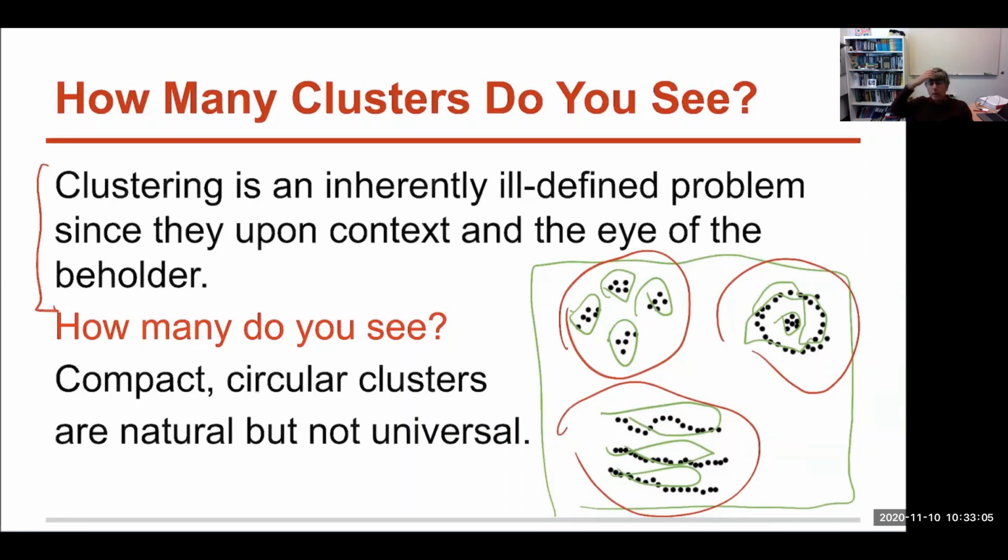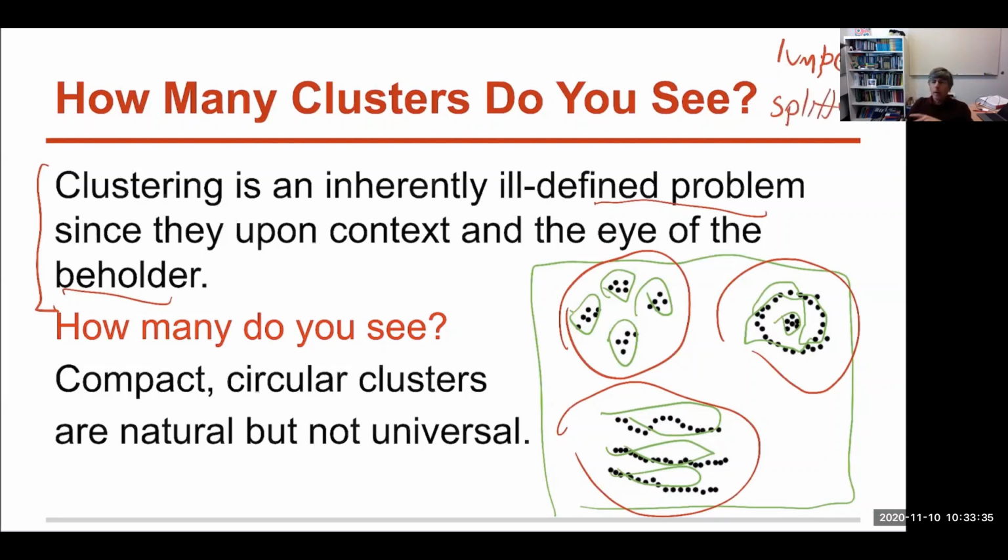Clustering is an ill-defined problem because it depends upon what you want your clusters for, and it depends upon how you see the world. The claim is that there are two kinds of people in the world. There are lumpers, and there are splitters.